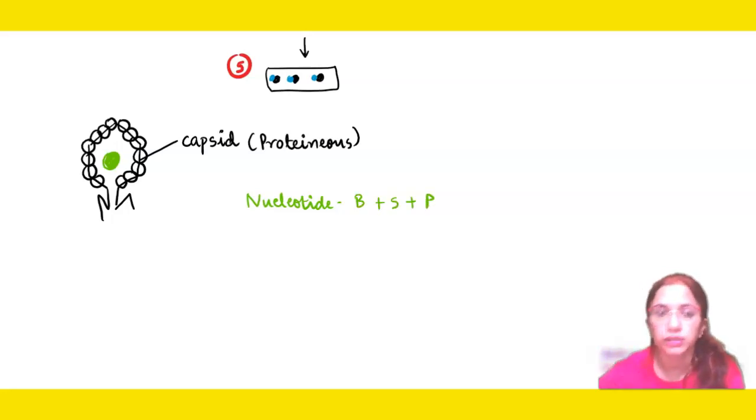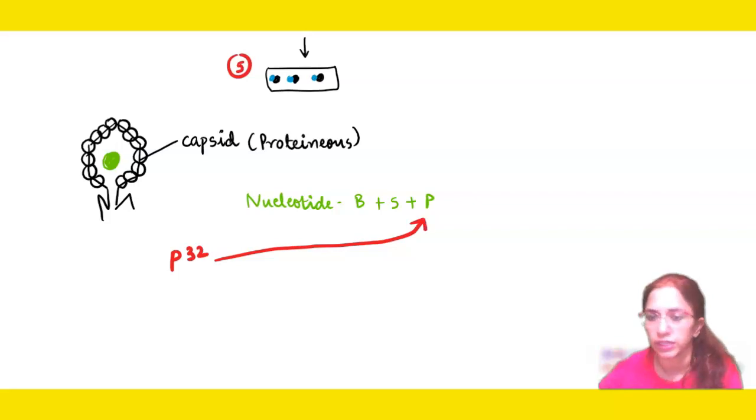So what Hershey and Chase did, they used P32. This P32 could be incorporated in the genetic material, right? Because genetic material utilizes phosphate, whereas S35, or sulfur 35, could be incorporated into the capsomere, because these capsomeres are amino acids, and there are a few amino acids which do contain sulfur in them.